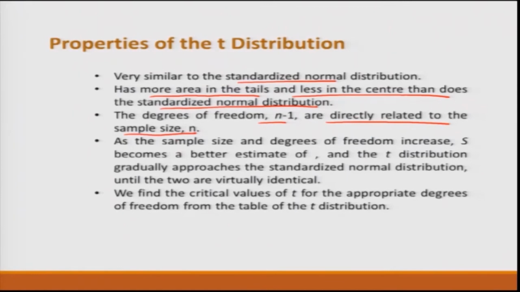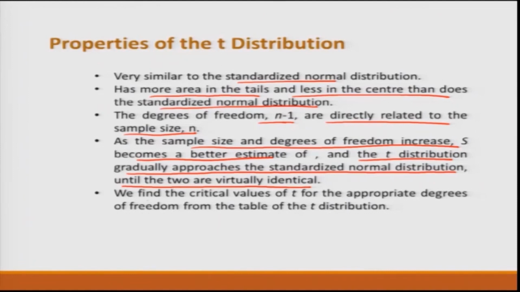The degrees of freedom is n minus 1 because one parameter is known. As the sample size and degrees of freedom increase, S becomes a better estimate and the t distribution gradually approaches the standardized normal distribution for large sample size until the two are virtually identical.